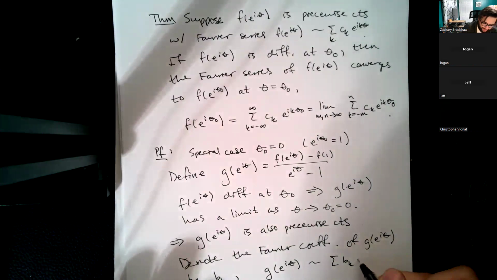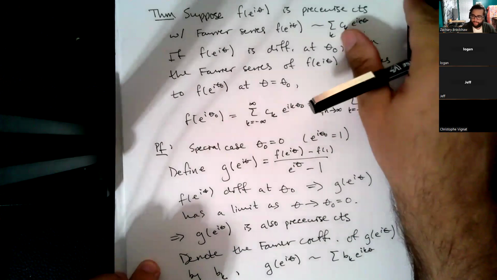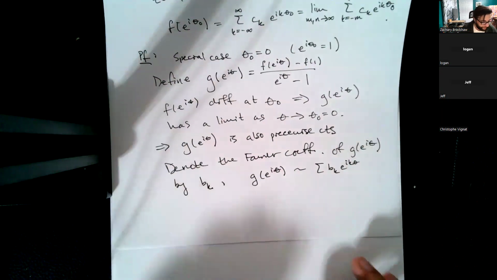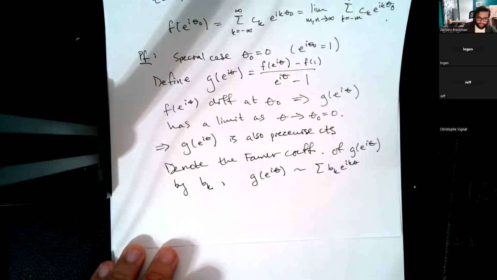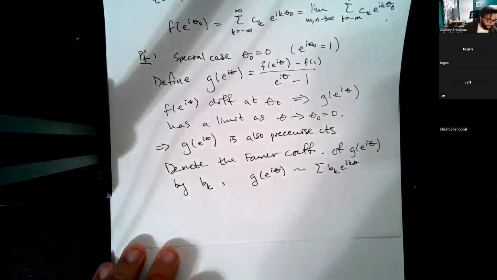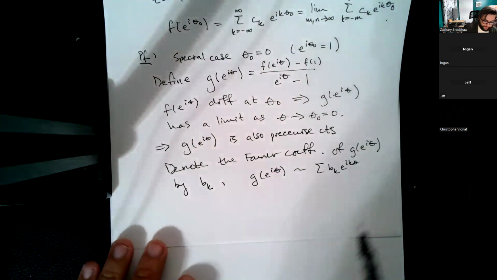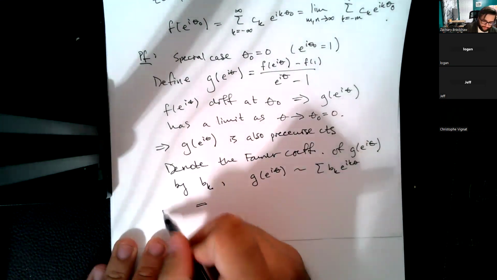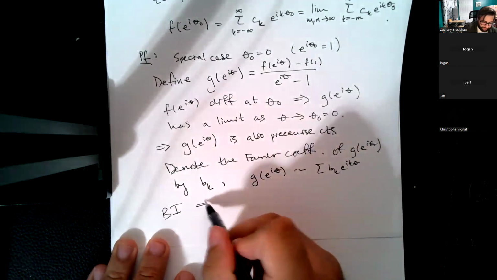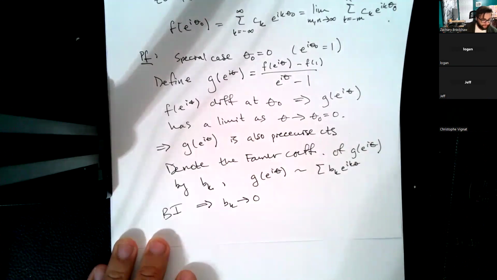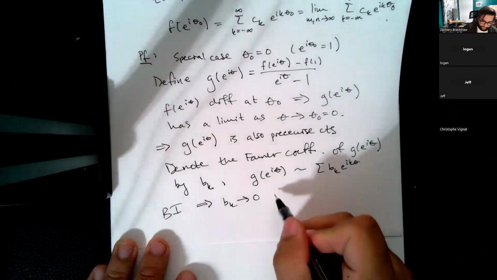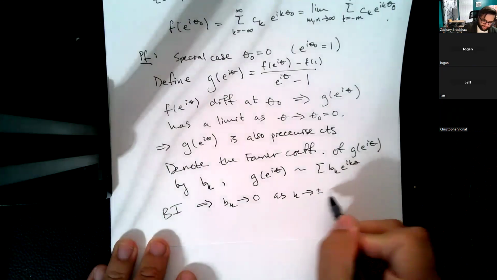We don't have equality yet. Now, Bessel's inequality, the thing we got right before this, tells us that these coefficients bk go to 0 as k goes to plus or minus infinity.